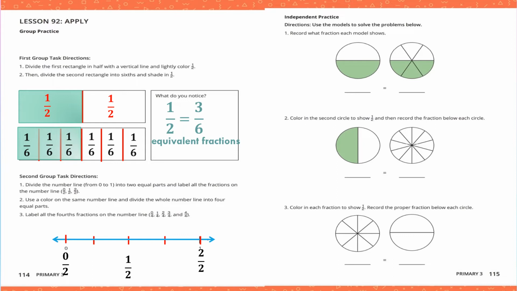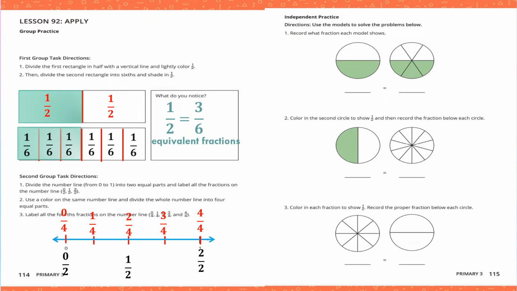Okay, here we have 4 equal parts. 1, 2, 3, 4. Number 3, label all the fourths fractions on the number line. 0/4, it means here 0. Then 1/4, 2/4, 3/4, and the last one 4/4.